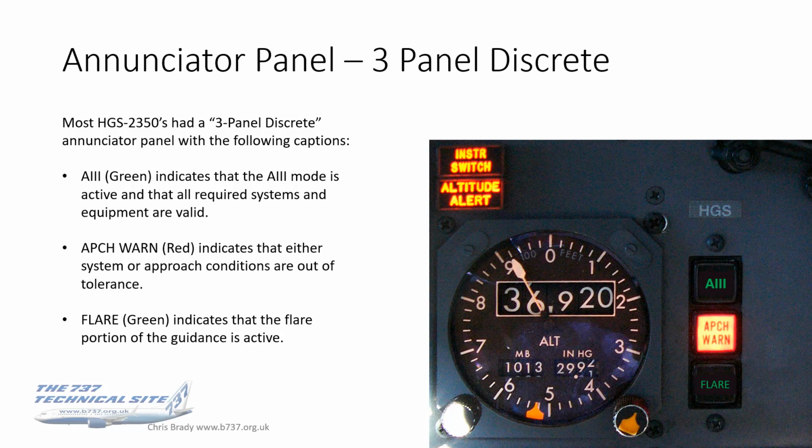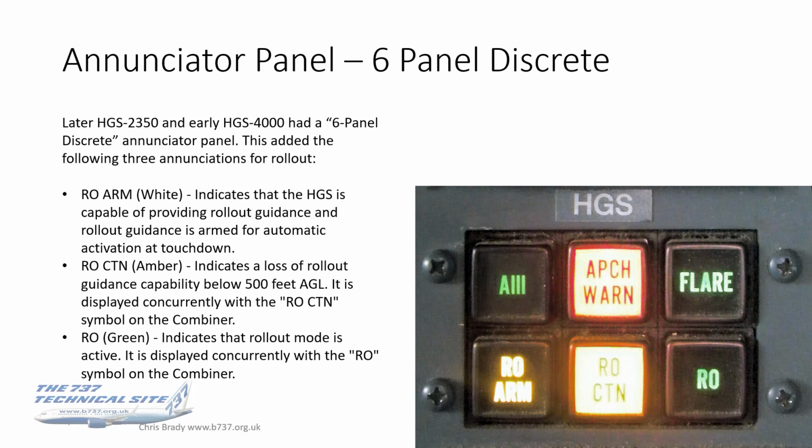So much like any amber or red warning on an approach, you'd certainly consider going around if you weren't happy with visual references. And the bottom one is flare, which in green just simply indicates that the flare portion of the guidance is active. So it is showing flare. This was superseded on later 2350s and early 4000s with this 6 panel.